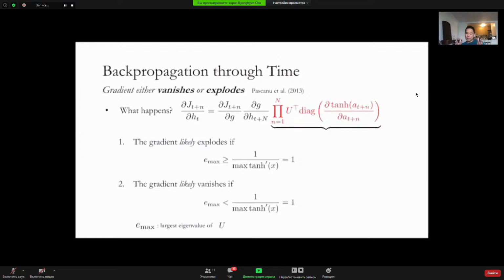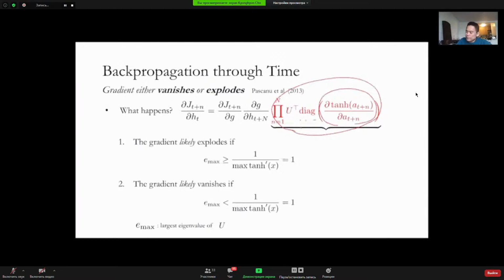And then in backpropagation through time, exactly the same thing happens, because we end up multiplying this entry, which is U, the transition matrix transpose, times the diagonal matrix built out of the partial derivative, or the Jacobian, of the output of the hidden state. So the output of the update part with respect to the input to that one.